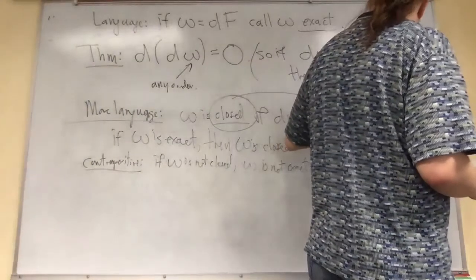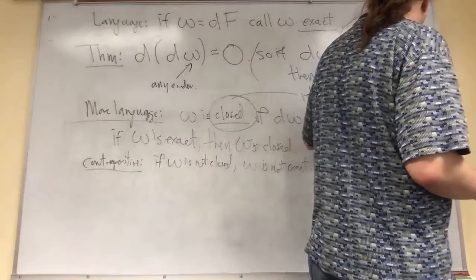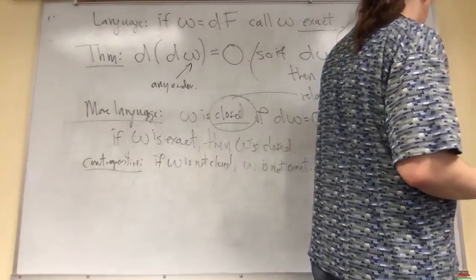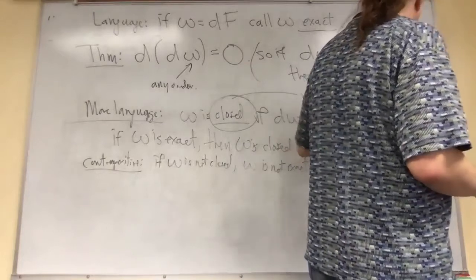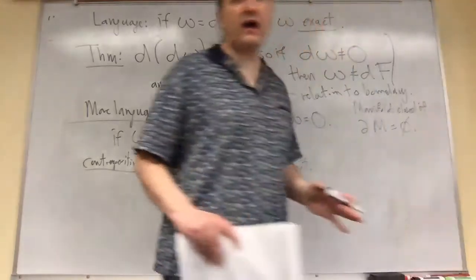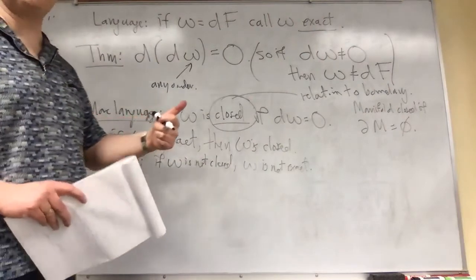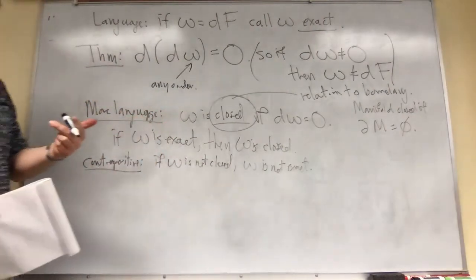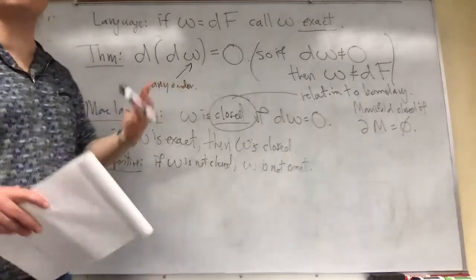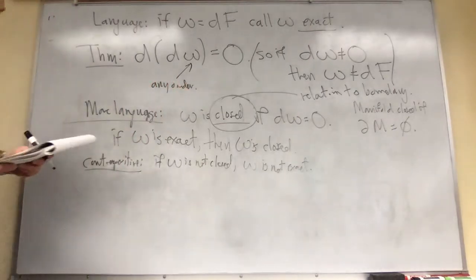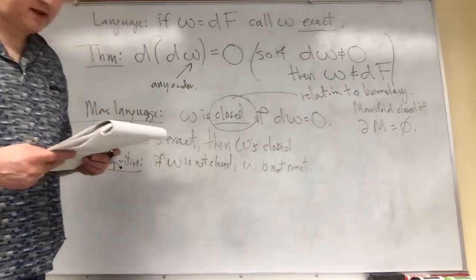So we call a manifold closed if the boundary of that manifold is empty. You should here think of a circle has no boundary. A sphere has no boundary. Maybe a torus has no boundary. You should be thinking of things like that.